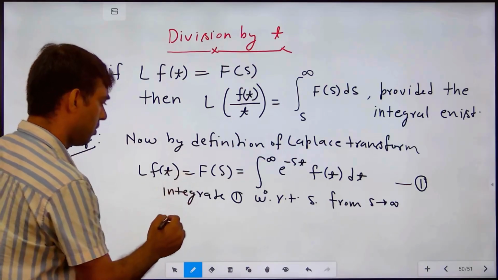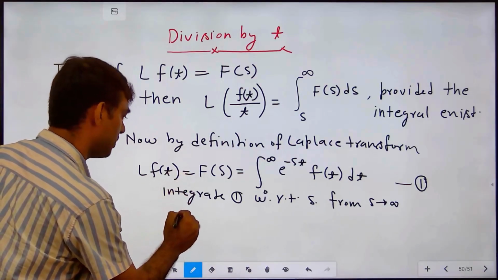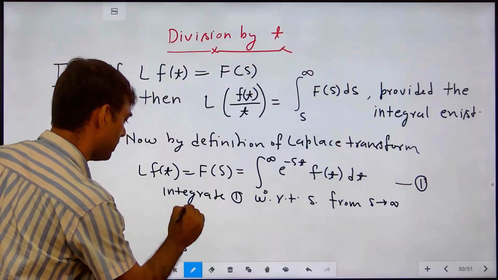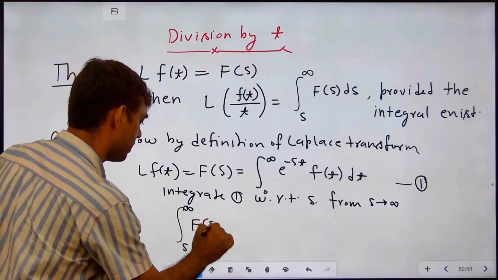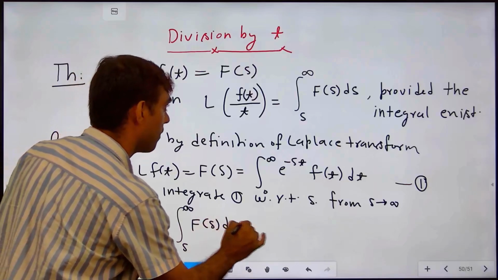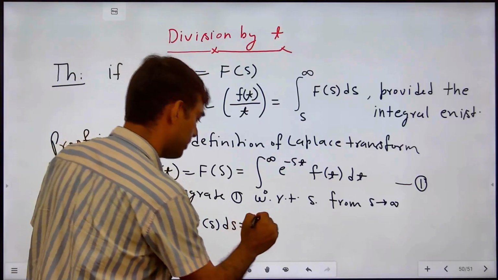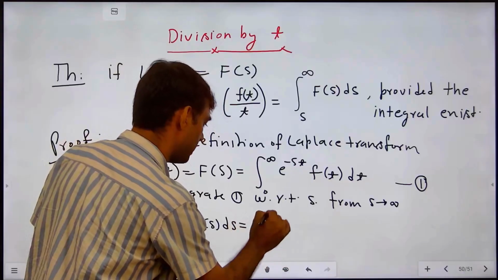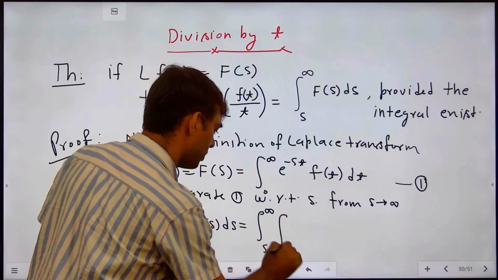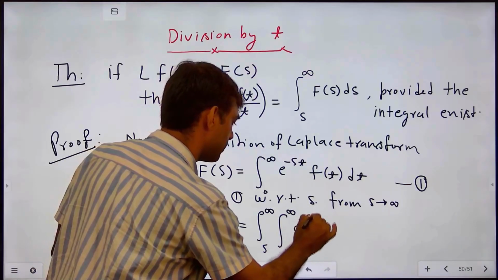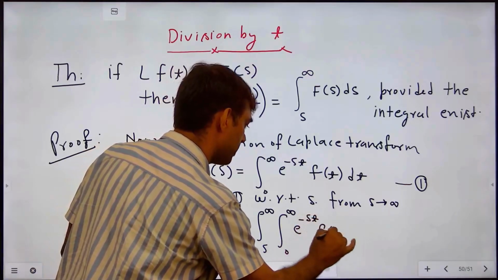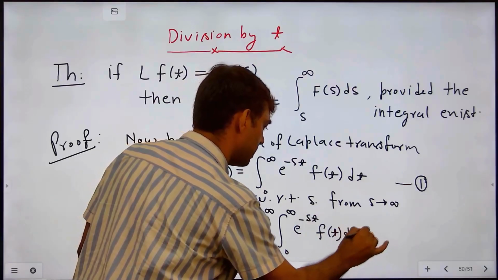So, what is the left hand side? The left hand side becomes the integral from s to infinity of F(s) ds, and the right hand side becomes the integral from s to infinity of the integral from 0 to infinity of e to the power minus st f(t) dt ds.